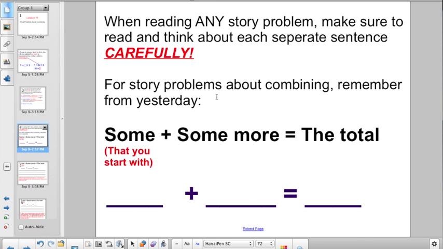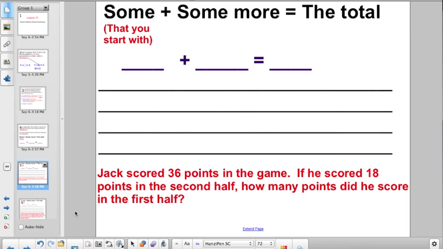For story problems about combining, remember what we learned in our investigation yesterday. The sum that you start with plus some more equals the total. So let's jump right into it.